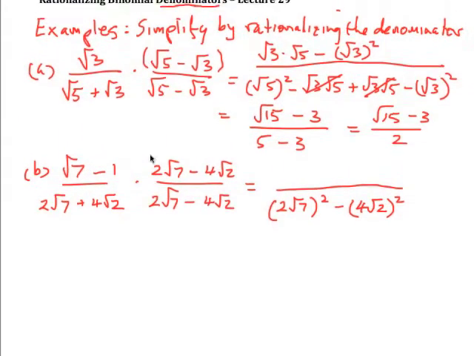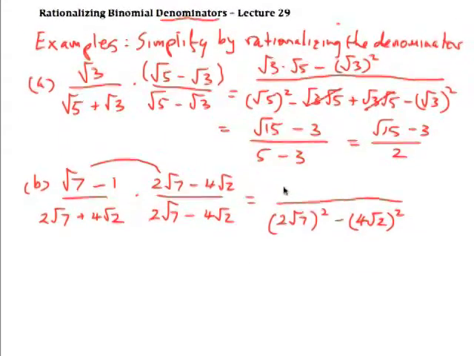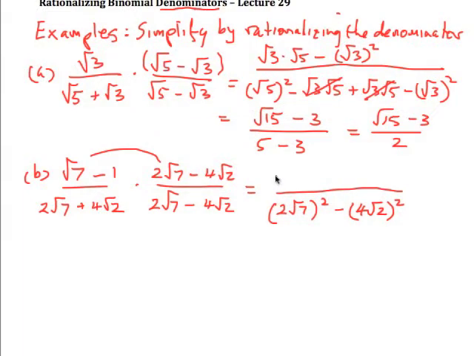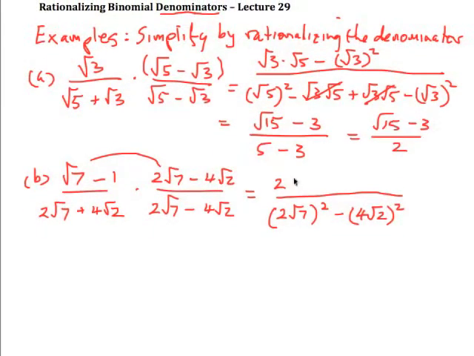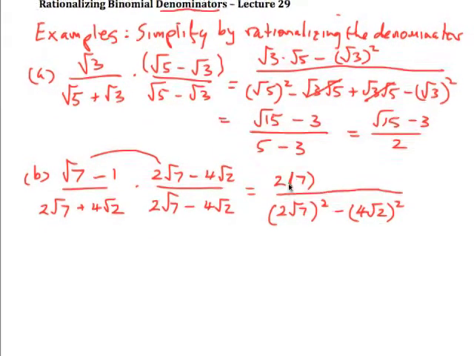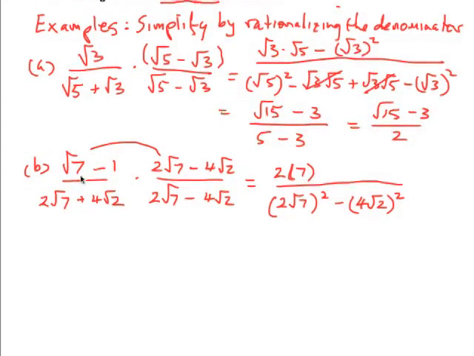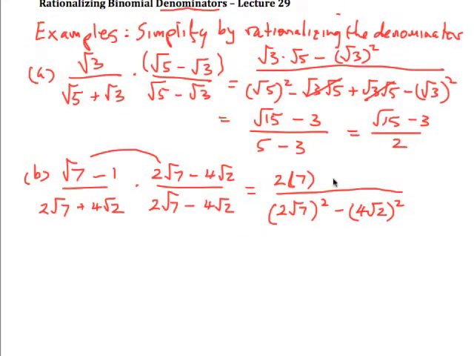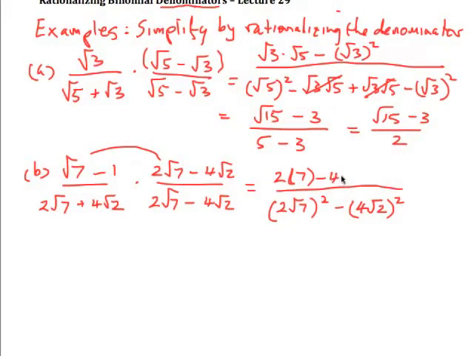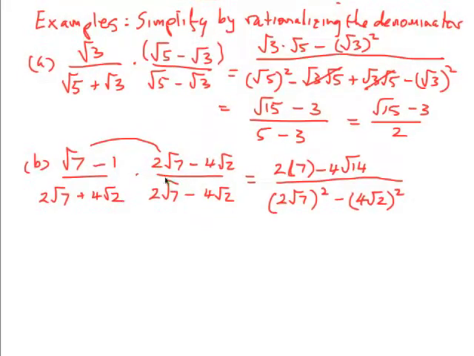Now if we do the FOIL in the top here, this would be 2 by root 7 is 7. Then we have root 7 by negative 4 root 2 is going to be negative 4 root 14.